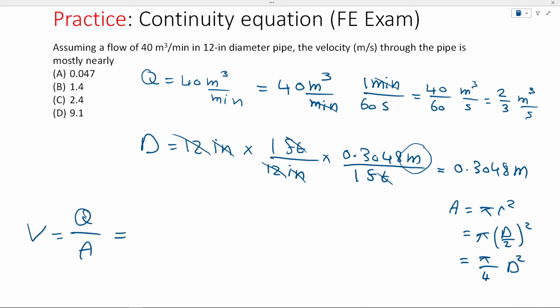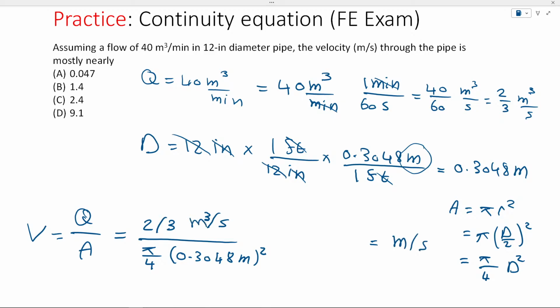So that would be 2 over 3 meter cube per second divided by area, pi over 4 d square, which is 0.3048 meter, squared. The meter square cancels with meter cube, so I get meter per second, and then I need to solve this.